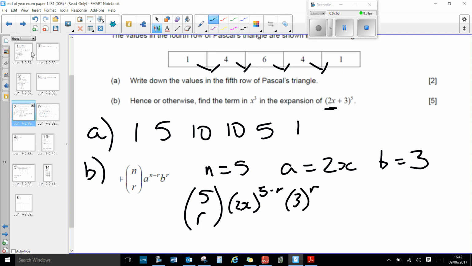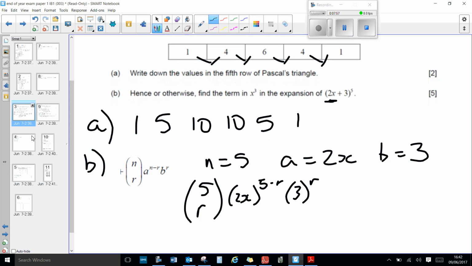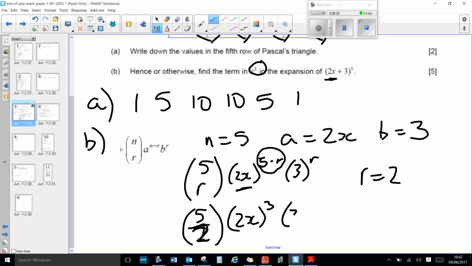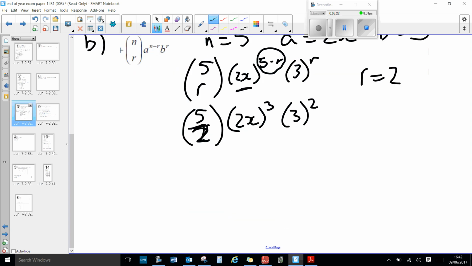So this may make it easier to notice here. So this is the only term with an x in it. We want this power here to be a power of 3, which means that the value of r needs to be 2. So going back to this, we want 5 choose 2, 2x to the power of 3, 3 to the power of 2.